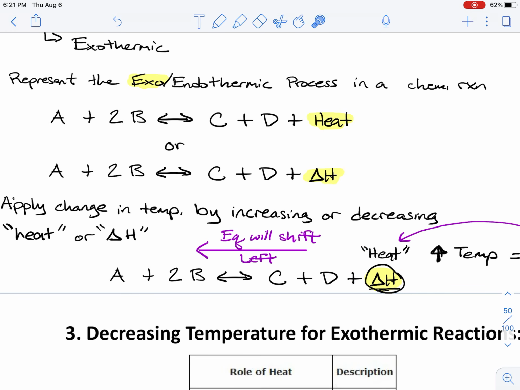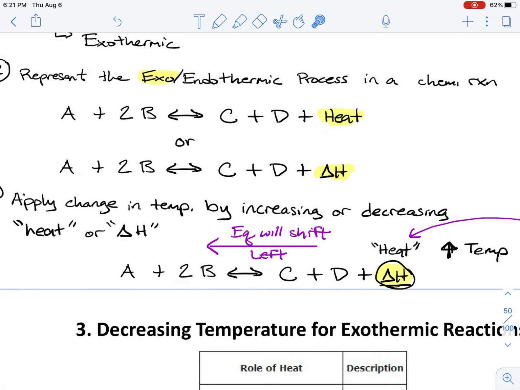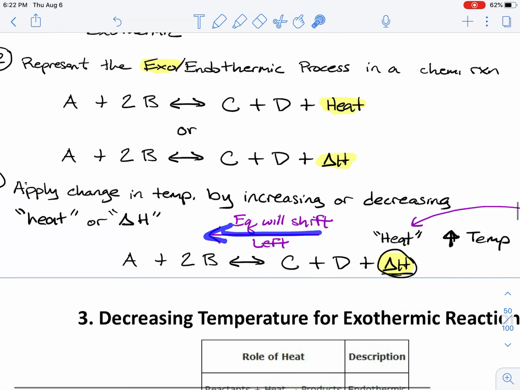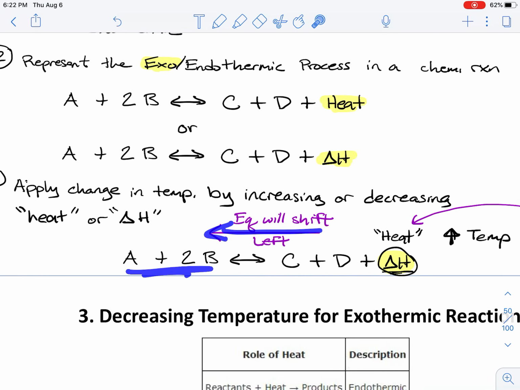And the only way to consume the heat added is to allow the products to make more reactants. So when the chemical reaction has reached its new equilibrium, there should be more reactants than there are products. So there is an overall shift in the position of the equilibrium, favoring the production of reactants.